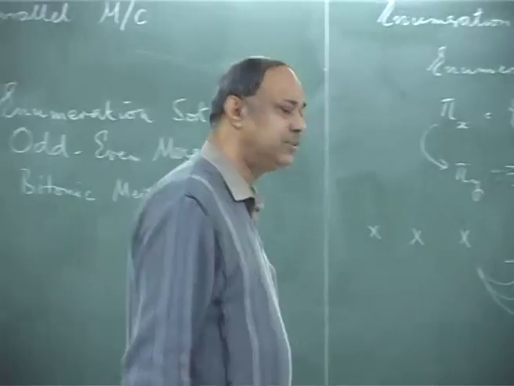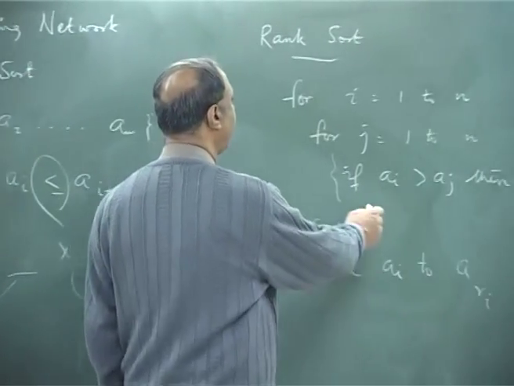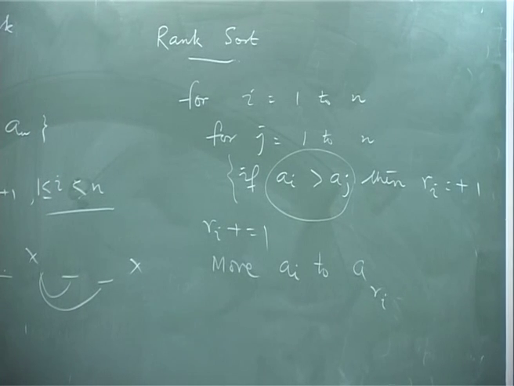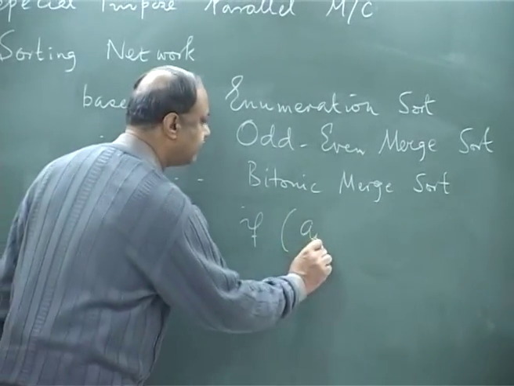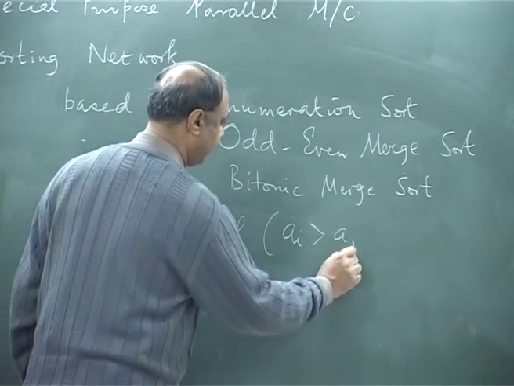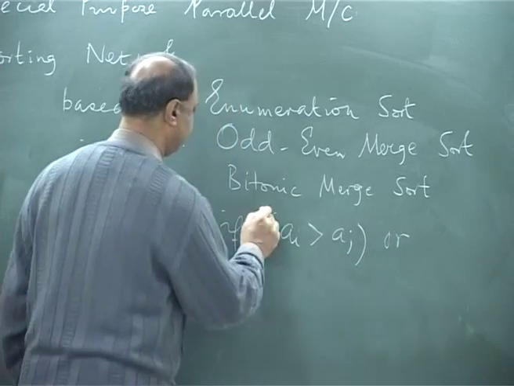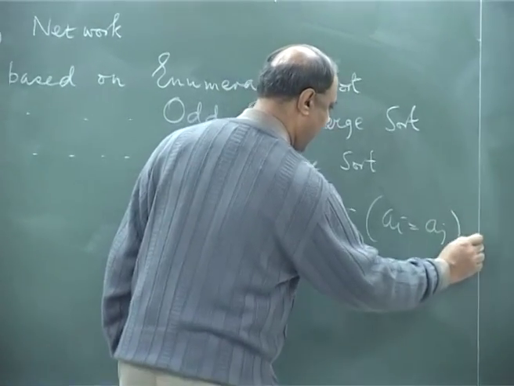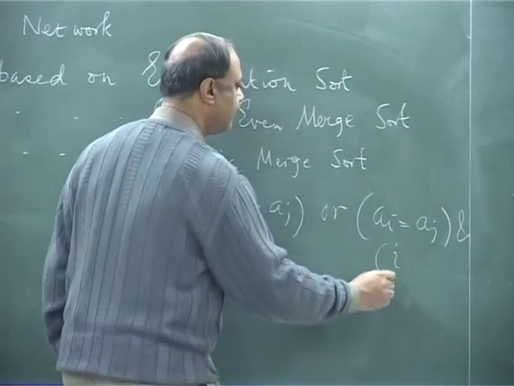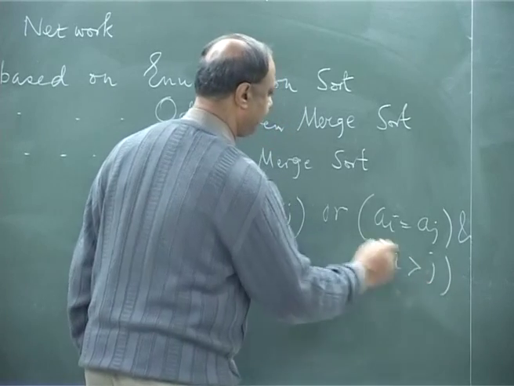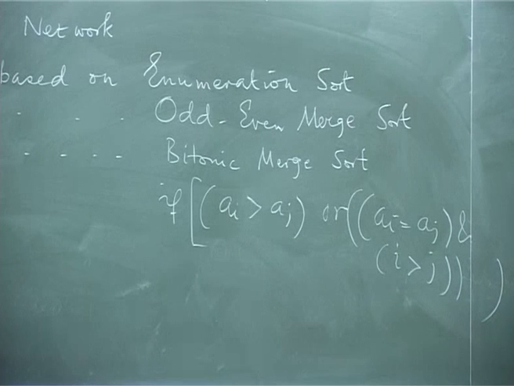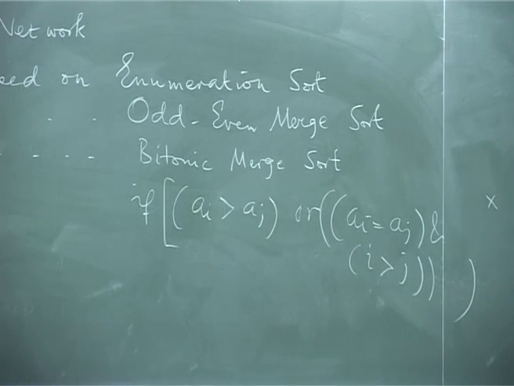Now you can handle this very easily if I change this condition. The condition will be: if ai is greater than aj, or ai is equal to aj and i is greater than j, then you increase your rank. i is the index.